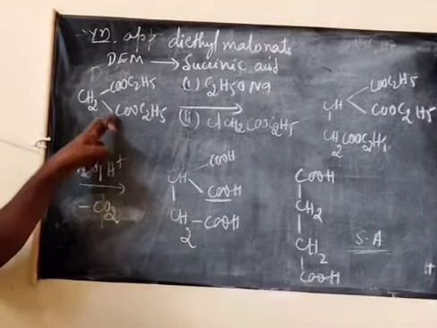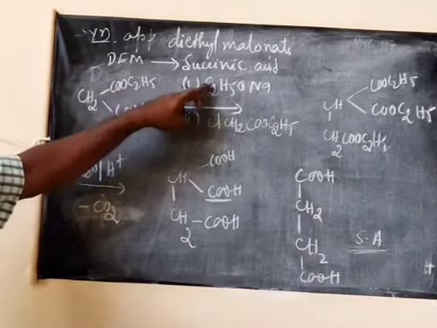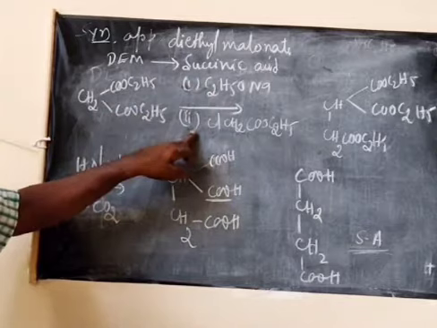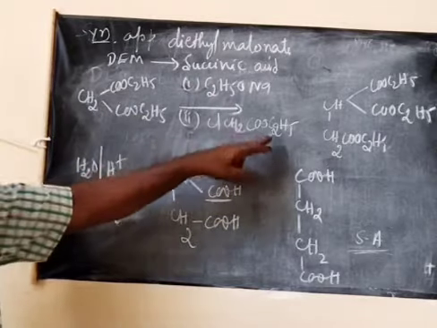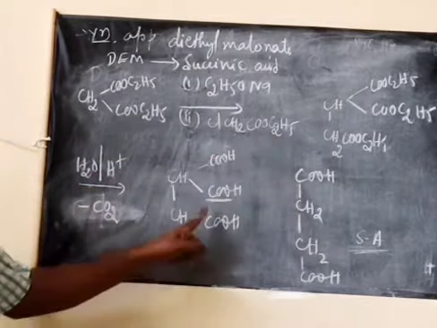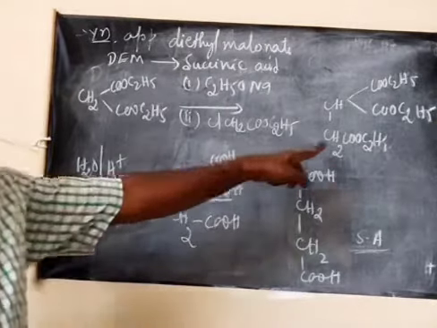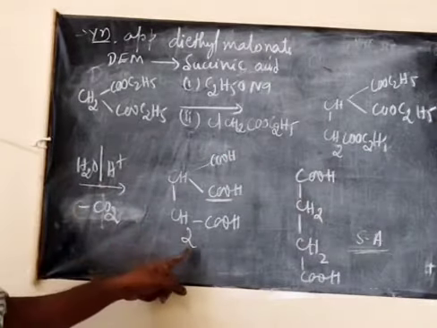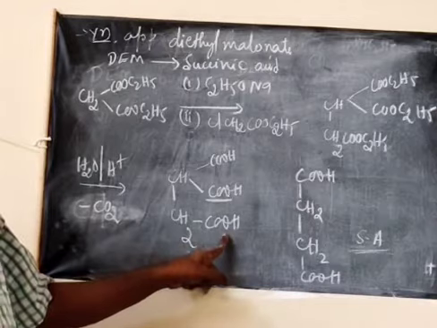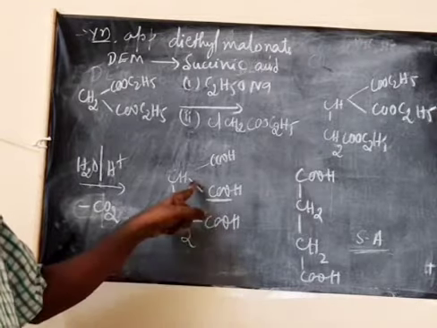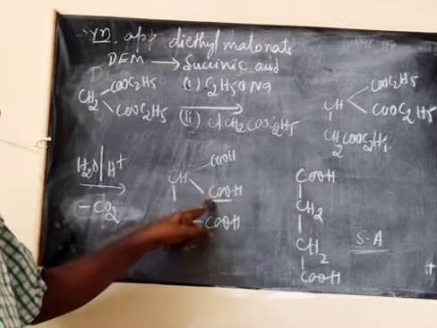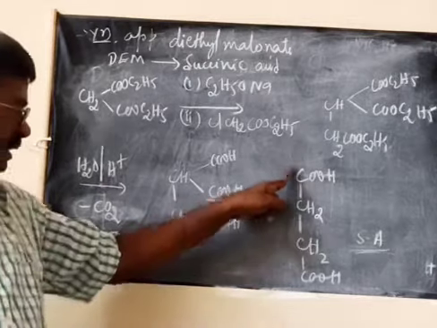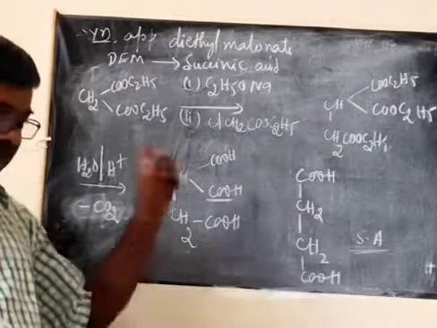Diethyl malonate treated with sodium ethoxide followed by chloroethyl acetate. This intermediate is formed. This on acid hydrolysis gives this compound. This intermediate on decarboxylation gives succinic acid.